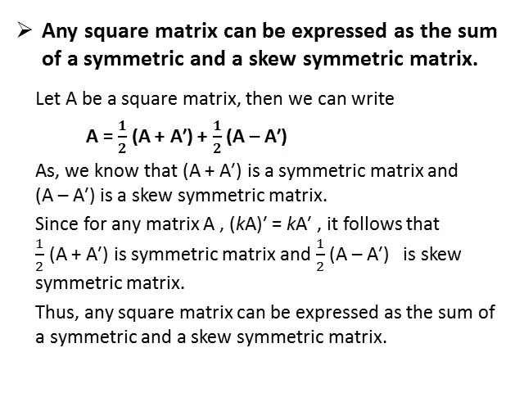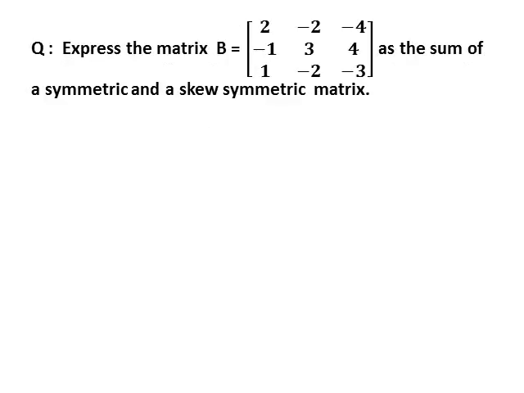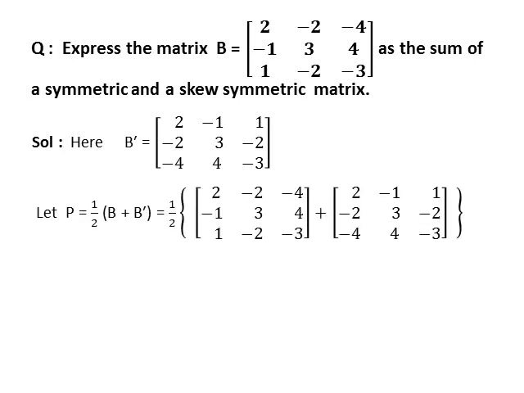Let's discuss one example. In this question, we have to express the given matrix as the sum of a symmetric and a skew symmetric matrix. First of all, take the transpose of matrix B as shown. In the next step, find half of B plus B transpose, and for convenience, we denote it by P. Write matrices in place of B and B transpose.